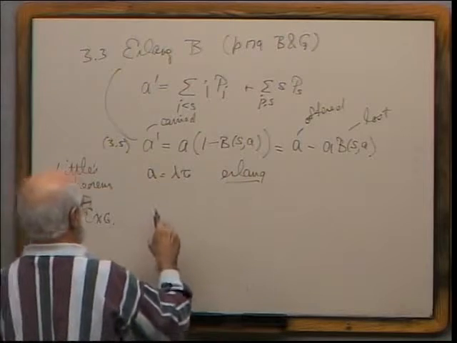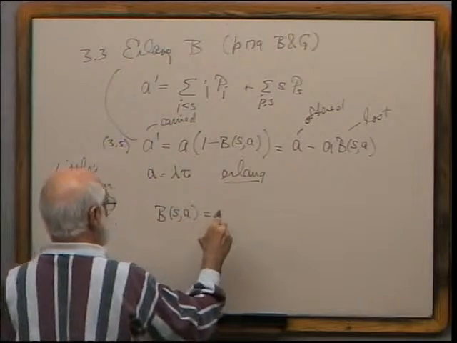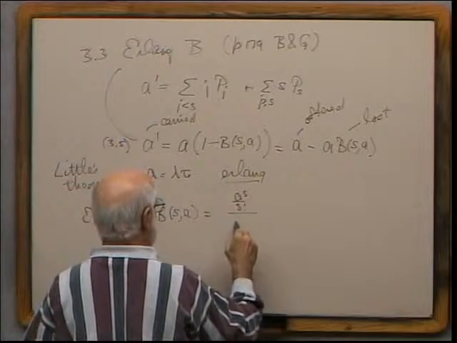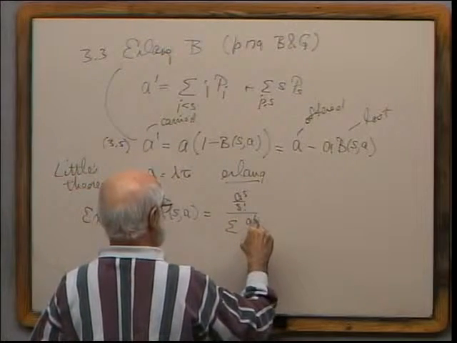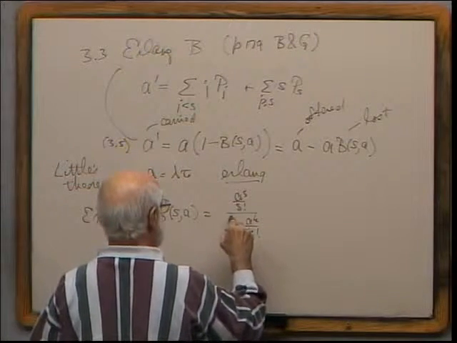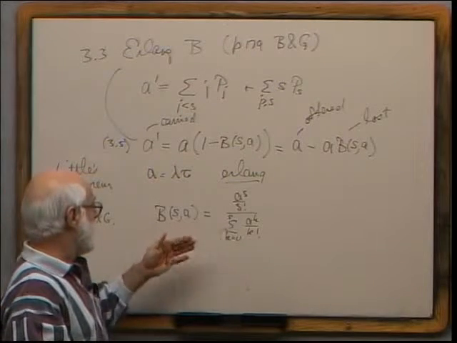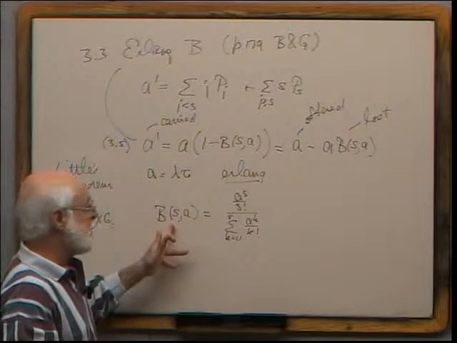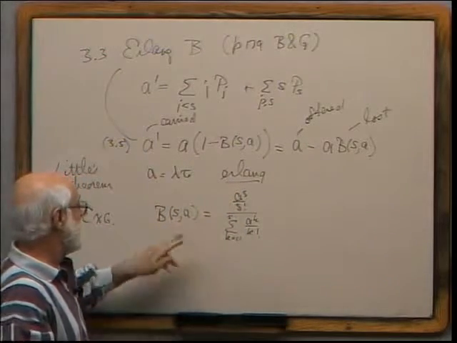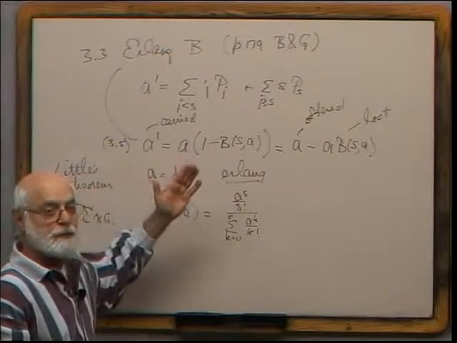Remember that Erlang B is given by this relatively complicated formula. Suppose I had large values of the offered load and the number of servers. This would be a difficult thing to calculate. I could easily imagine a system with 100 or 1,000 servers, say. How are you going to calculate something like this?